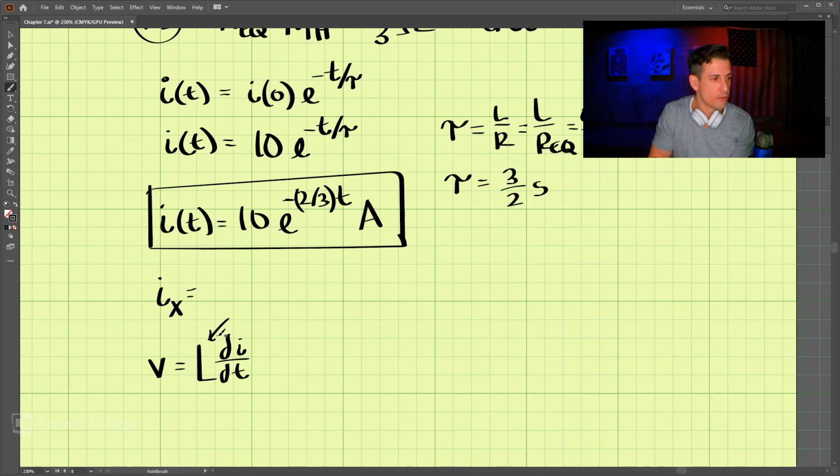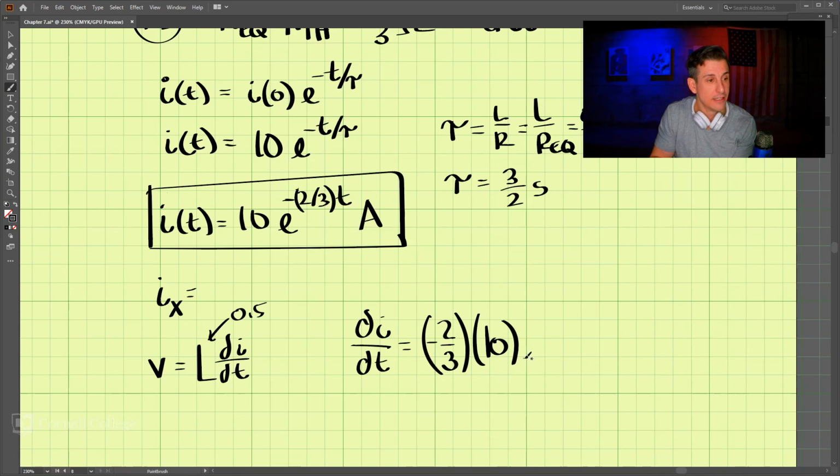We know L, which is 0.5, and for di dt, we take the derivative of this. So di dt is equal to negative 2/3 times 10 times e to the negative 2/3 times t. Okay, so this is the current here. So we plug that in here.